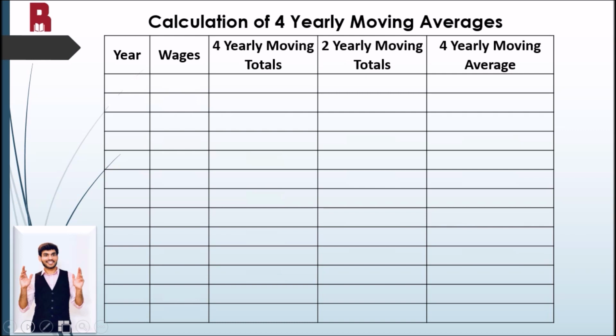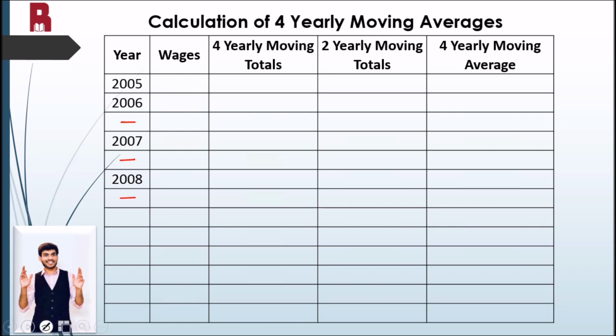Now to write the year and wages, a particular order is to be maintained and it is to be written in the following way. We will write the first 2 years, that is 2005 and 2006, one below the other. Then leave one line and write the next, that is 2007. Leave another line, write 2008.